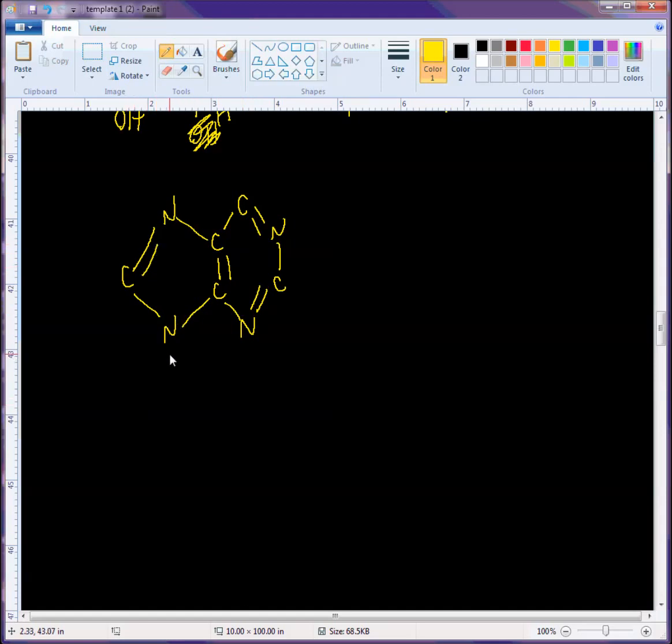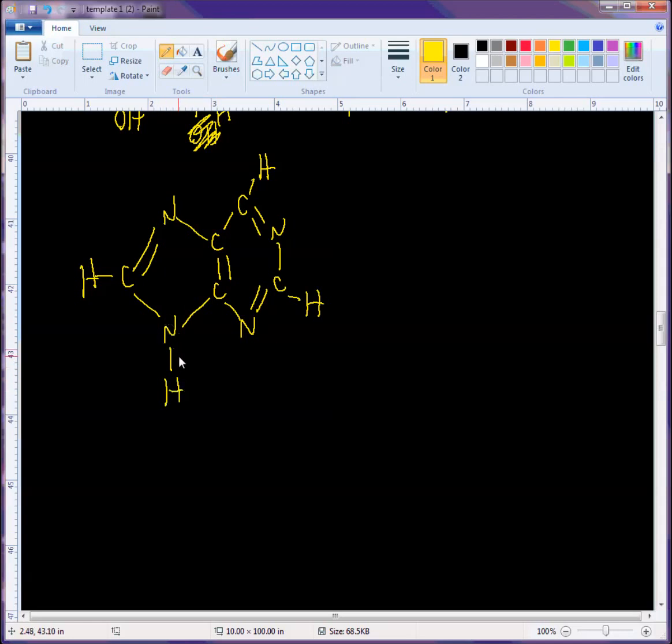So now we can fill in the hydrogens wherever we see a carbon with only 3 bonds. Add a hydrogen. Okay, we got one there, there, 1, 2, 3, and here, and we can add a hydrogen to this nitrogen because it only has 2 bonds.